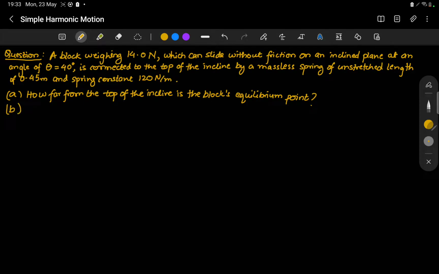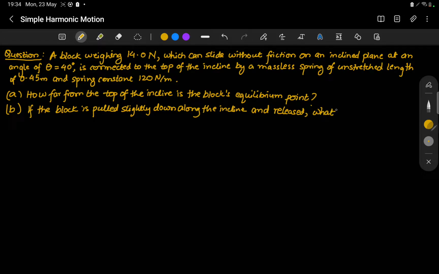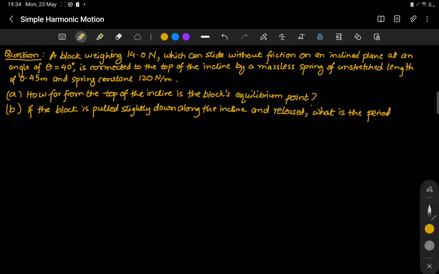The next question is, if the block is pulled slightly down the incline, pulled slightly down along the incline and then released, what is the period of the resulting oscillations?